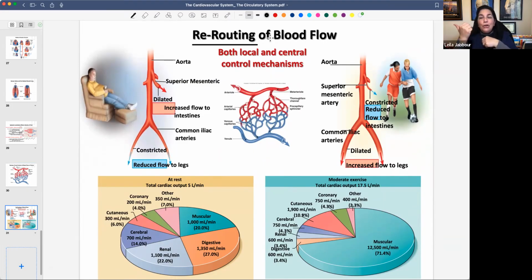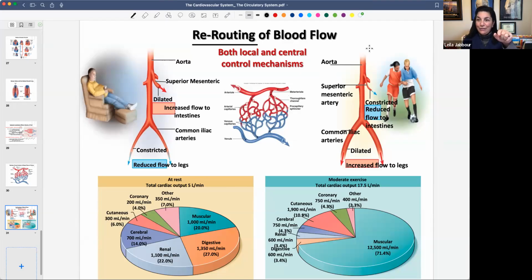So if you are playing soccer on the field, running, whatever it is, your skeletal muscles in your legs are really working hard. You want to make sure you're sending blood to these muscles. They need to be vascularized and provided with the oxygen they need.